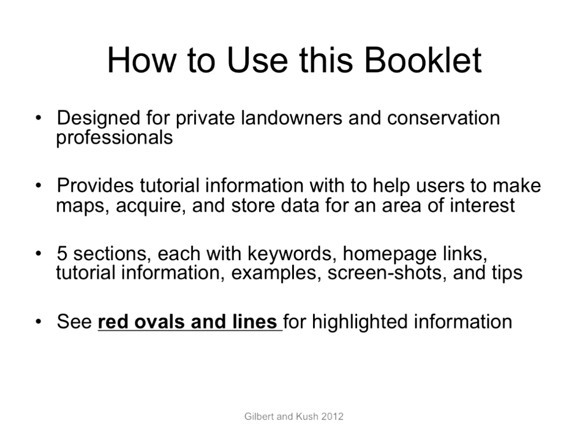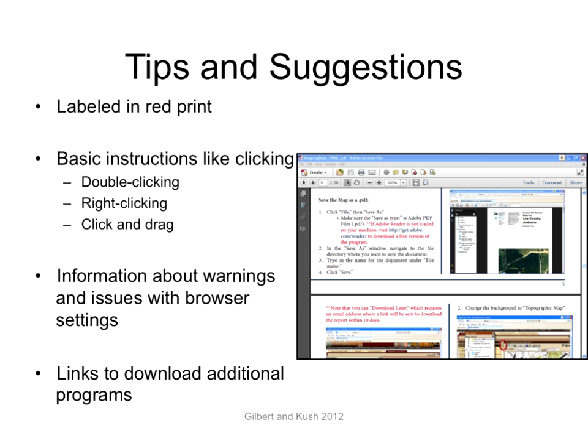In the booklet, you'll see ovals and lines for highlighted information. We've also got tips and suggestions labeled in red print, and over on your right is an example of an actual page out of the booklet. One thing we wanted to do was create a product for landowners that had very little to no computing experience.